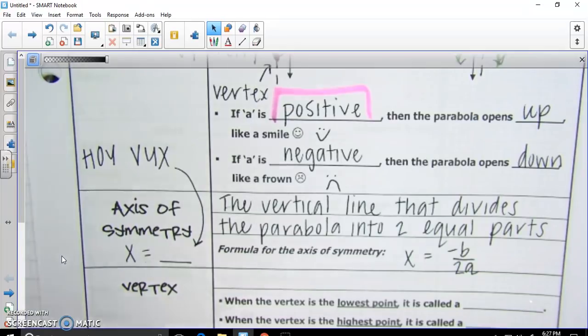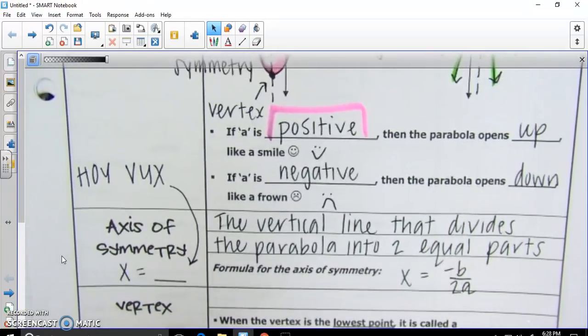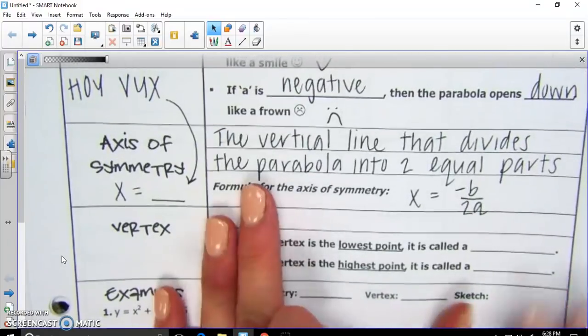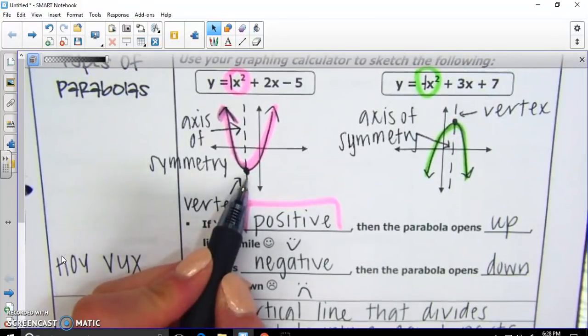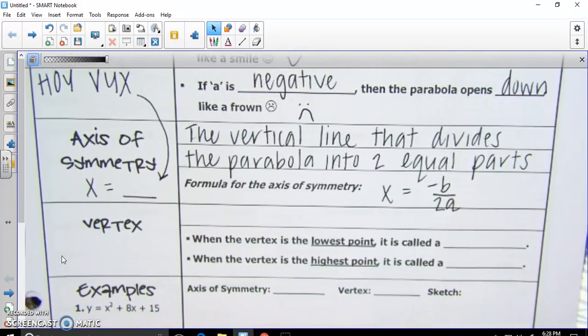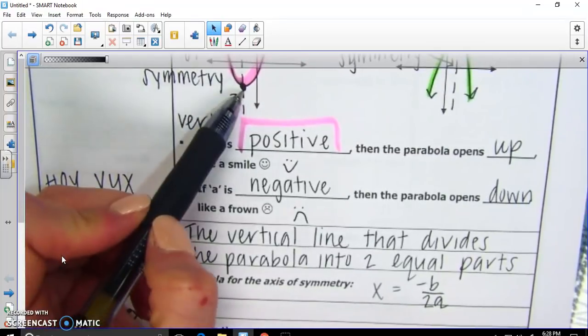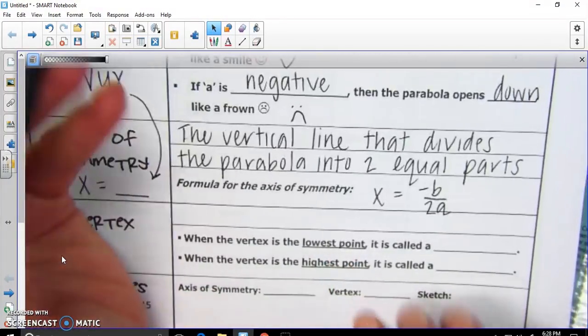Okay, so we've talked about the axis of symmetry. Let's talk about the next thing that we labeled, that is the vertex. So the vertex is either the lowest point on the graph or the highest point on the graph. So there's two things we might call them. When the vertex is the lowest point on the graph, like in this first example, we call it a minimum.